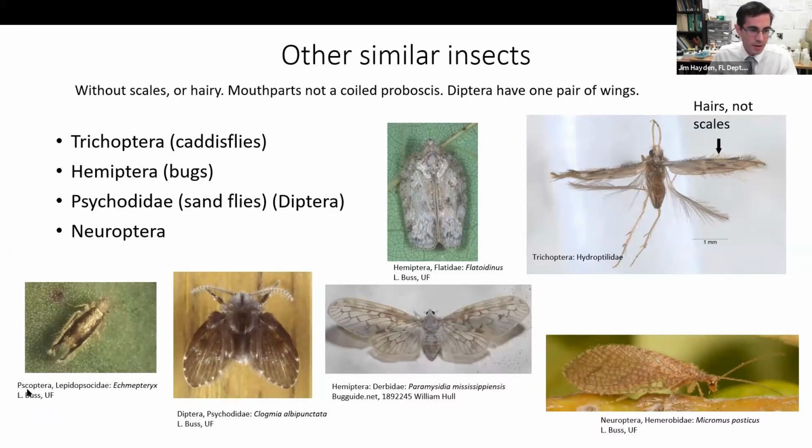Sorry, that's misspelled. They're kind of hairy and narrow-winged, but you don't really have to worry too much about these things, because when you're looking on traps, most of the things that look like moths will be moths.